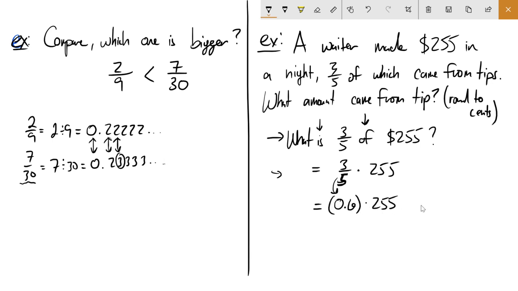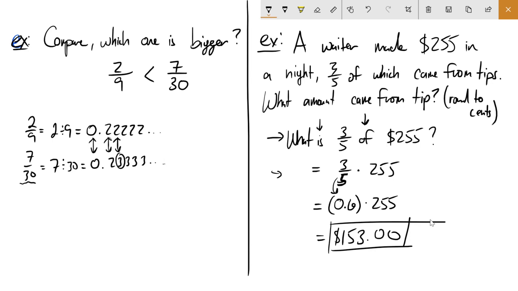So one way to do it is to just calculate 0.6 times 255. You convert it into a decimal, but then you multiply it by the 255. And what does that come out to be? 153. Okay, so then we don't even have to round this one. So there you go.